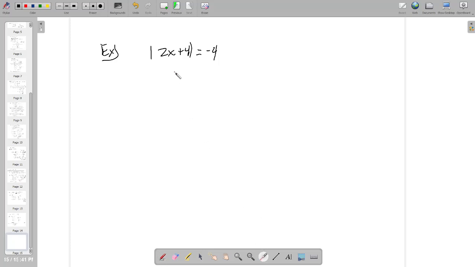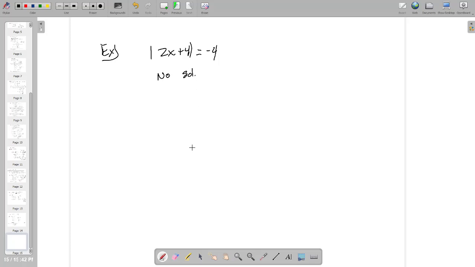Again, remember that the absolute value of something is always positive. So if we have 2x plus 4, and we take the absolute value of whatever that is, we're going to get a positive number. But here we're looking for when the absolute value of something is equal to negative 4. So when is that true? When is the absolute value of something equal to a negative number? Never. So this actually has no solution.